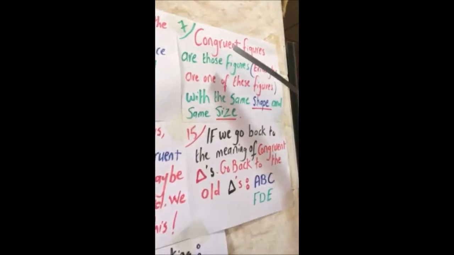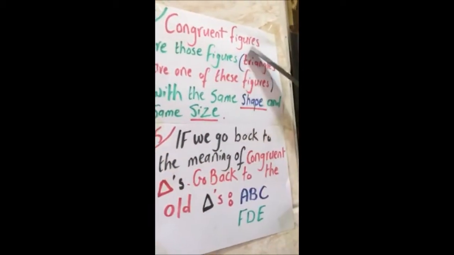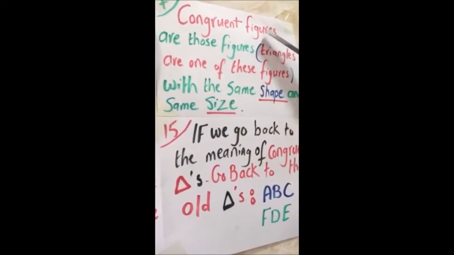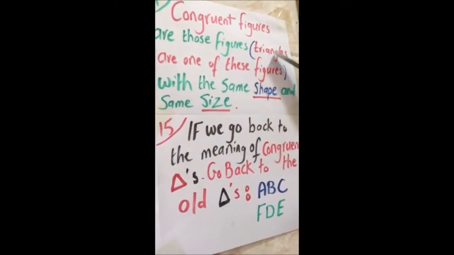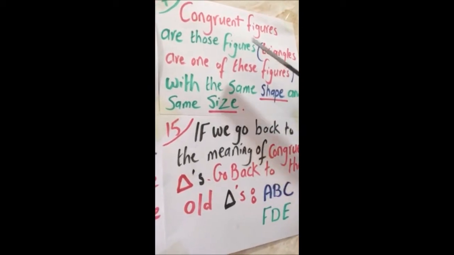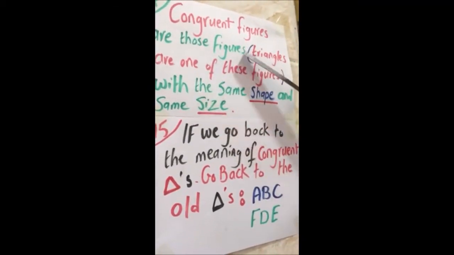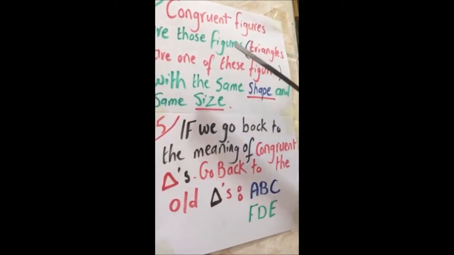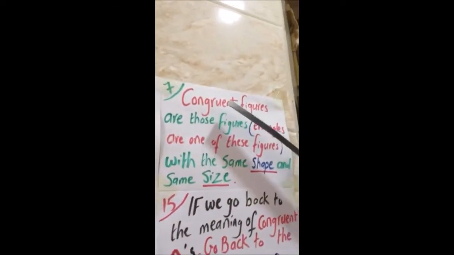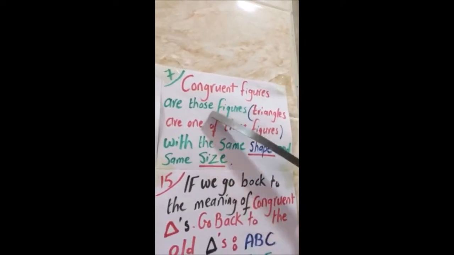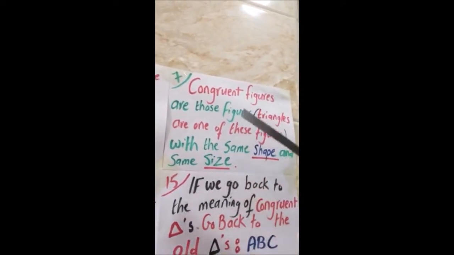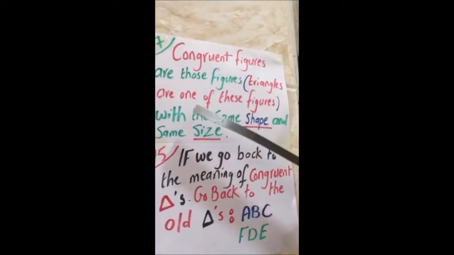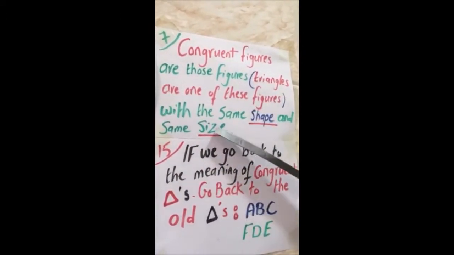So, what do we mean by congruent figures, and what do we mean by similar figures? Congruent figures are those figures, and of course triangles are one of these figures, with the same shape and the same size. Again, if anybody asks you the meaning of congruent figures, you will answer that congruent figures are those figures with the same shape and the same size.